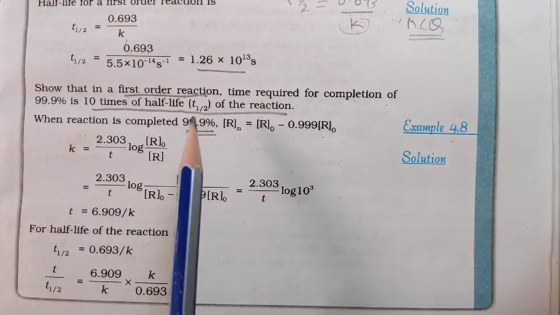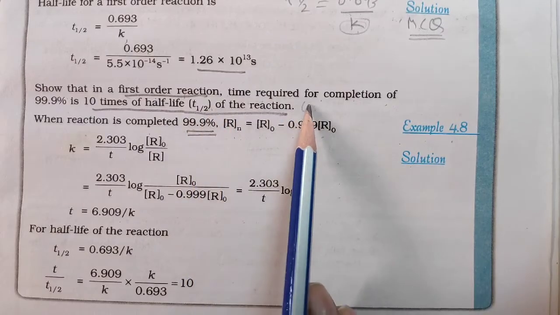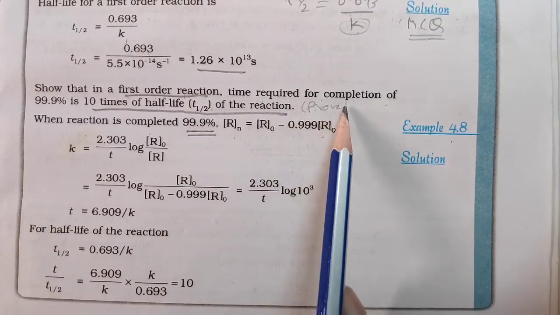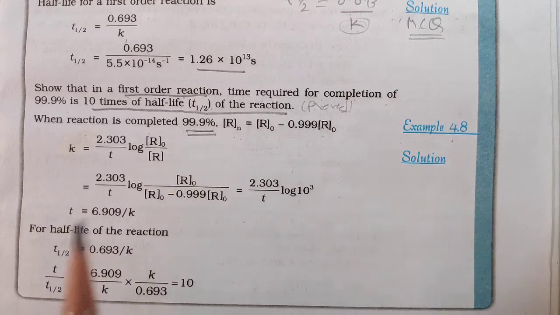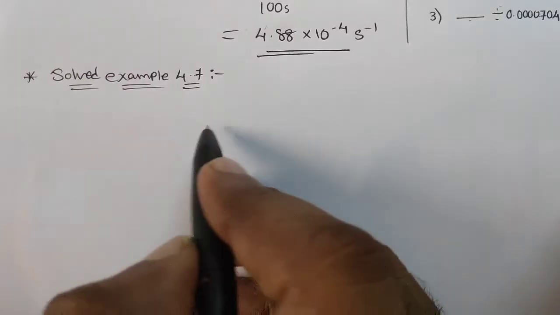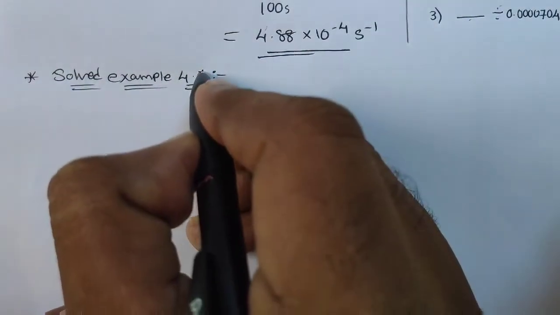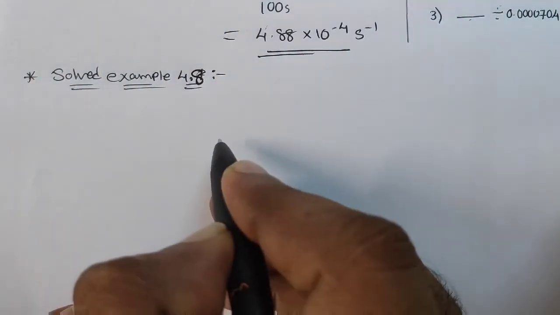Is it clear? It is a simple thing, we have to prove that this is the time required for this type of reaction. So that type of numerical it is, and that we are going to solve next. Now solved example 4.8.